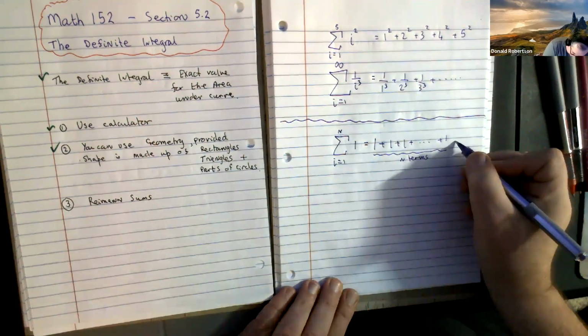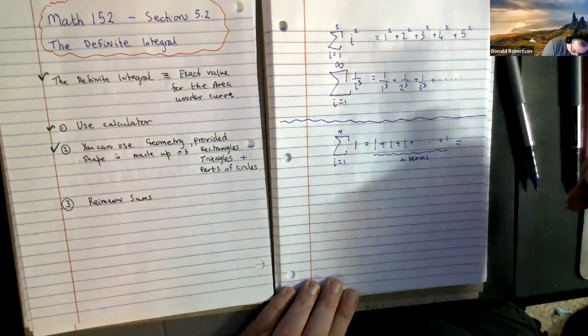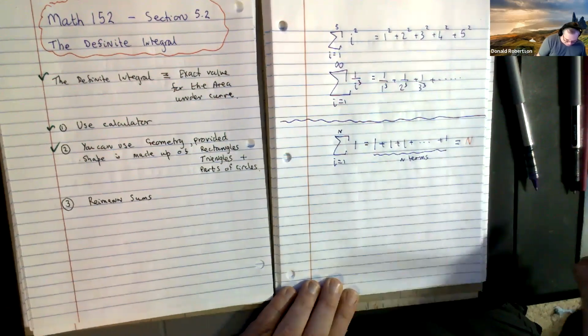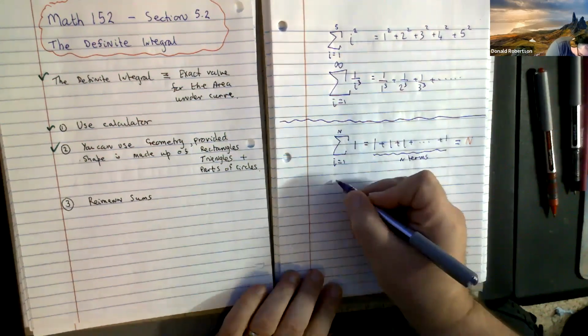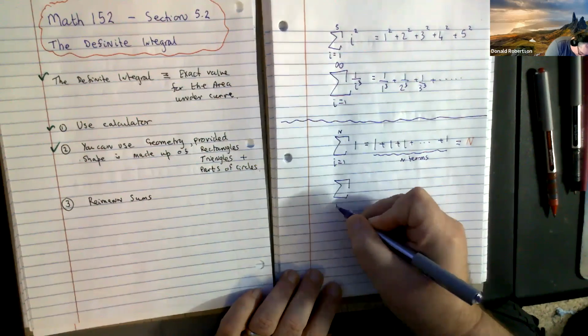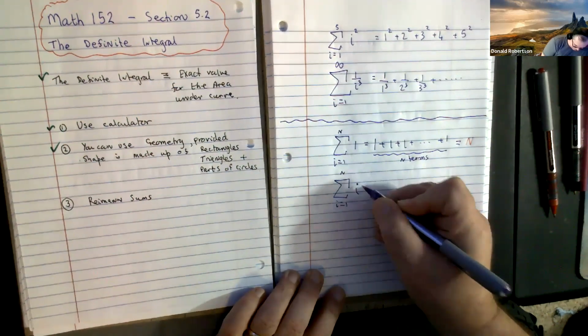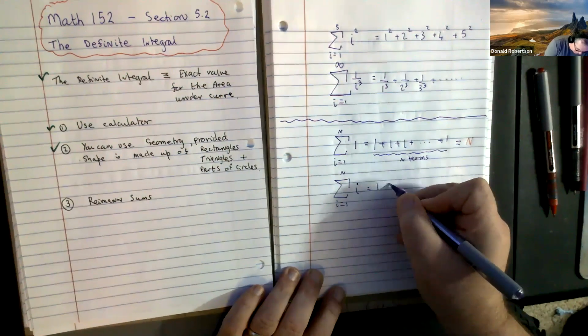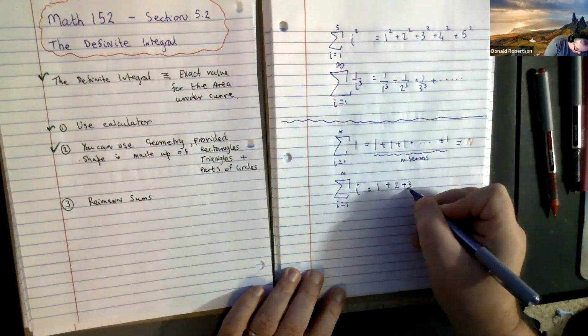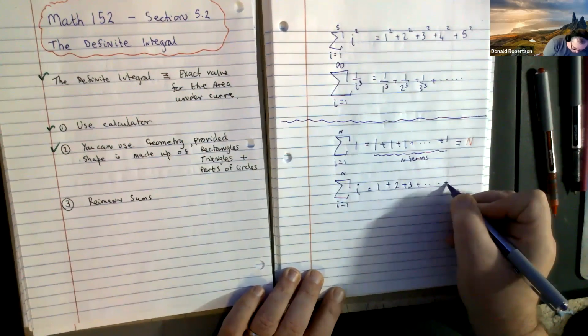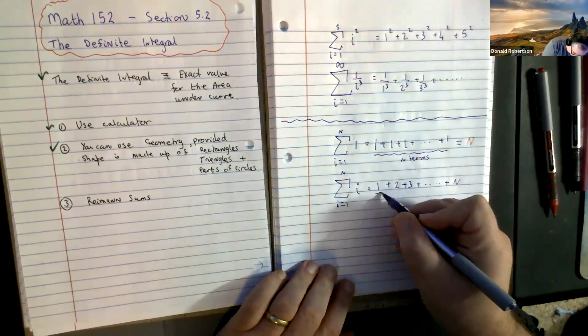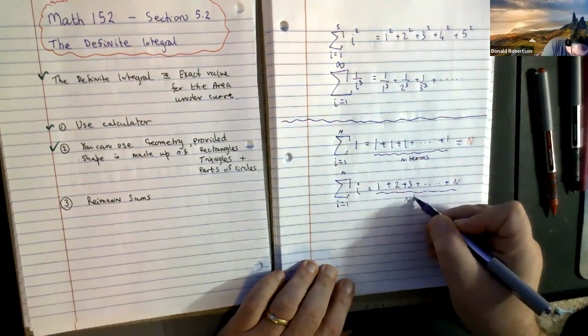And so this guy will add up to N. Now we're going to do I equals 1 to N of I. So that would be 1 plus 2 plus 3, and we'd finish at N, and it'd still be N terms here.